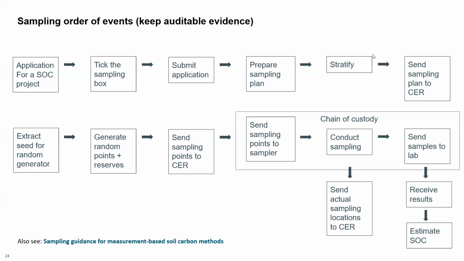So that if you put in the same seed, you'll get the same results. There's one process which is very common, which is that you use the date. When you send your sampling plan to the CER, they have a special mailbox that sends you back an email, and you use as a seed for your random number generator the date and time to the second when the CER sent you that email, plus a random offset that they specify in the email.